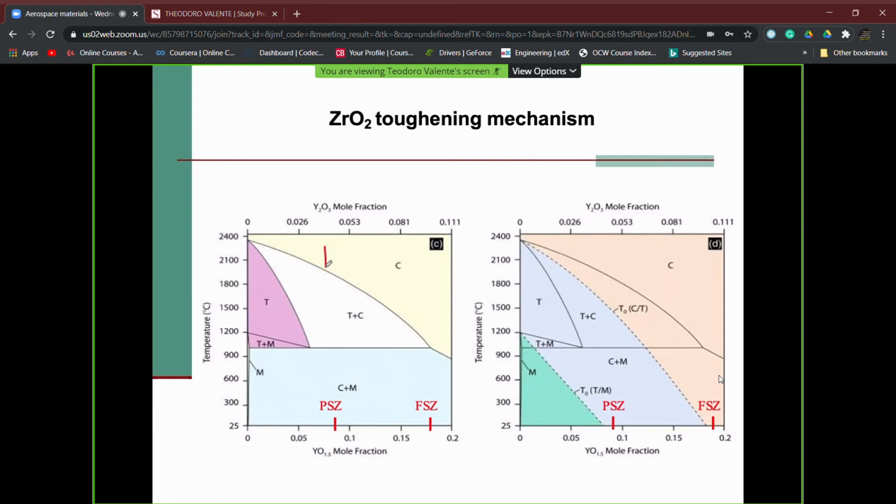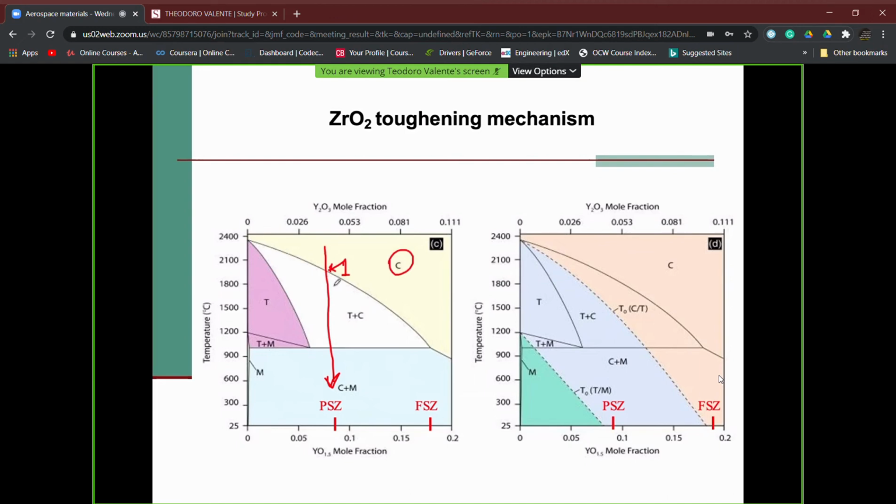Let's have a look, for example, to this, corresponding to PSZ. Well, what says to us this phase diagram? That if we are at temperature values higher than this one, number 1, the thermodynamical stable phase is just one, the cubic, you see here, which is stable from this temperature to the melting temperature.